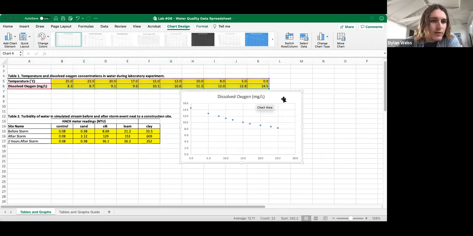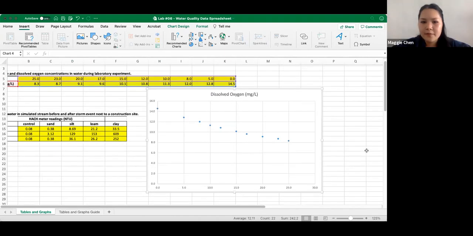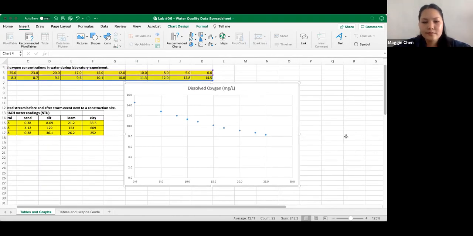Insert. Okay, so from here, this is our chart.